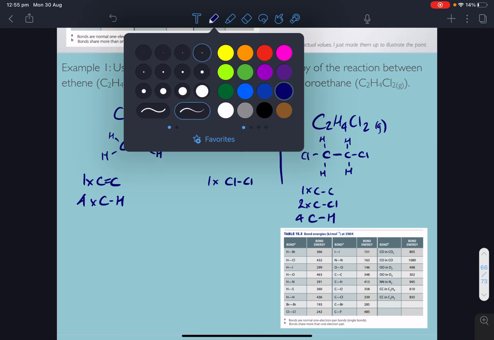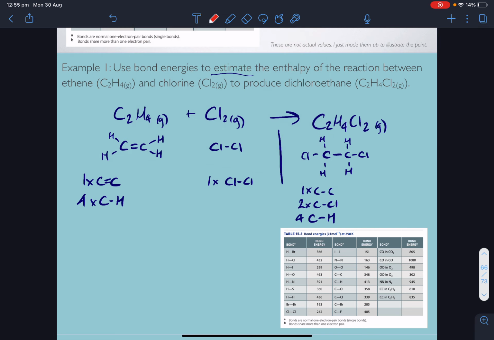Now what I'm going to do is look at my table. A carbon-to-carbon double bond in C2H4 is this one, 610 kilojoules per mole. And carbon-hydrogen, there it is, 413 each. I'll write times 4 there. And 1 chlorine to chlorine, where's that?